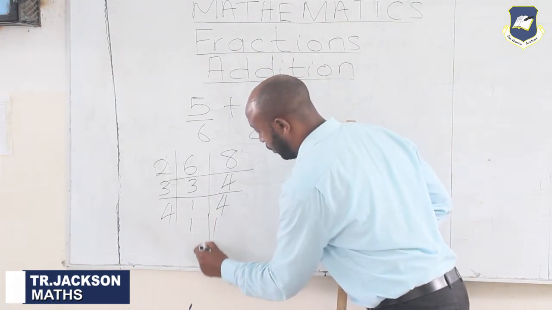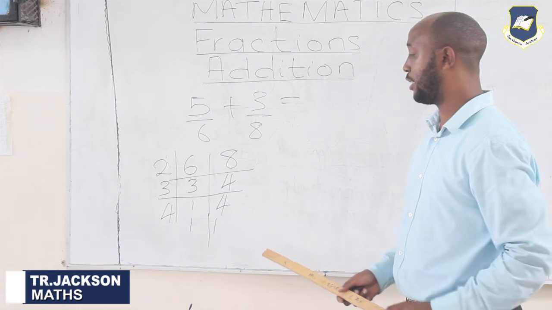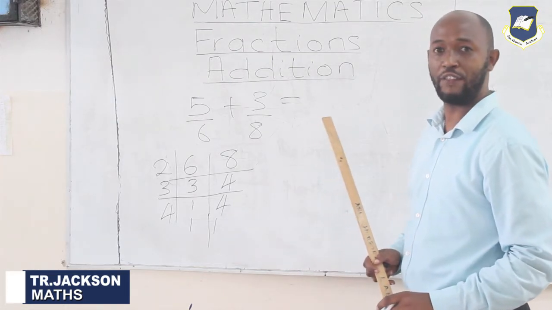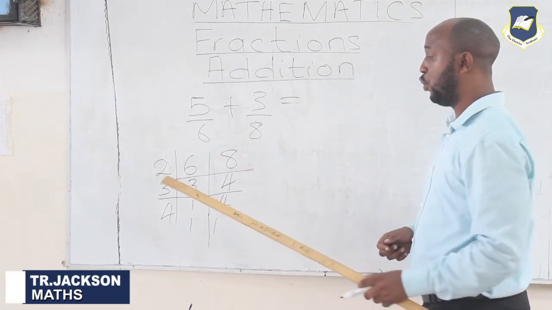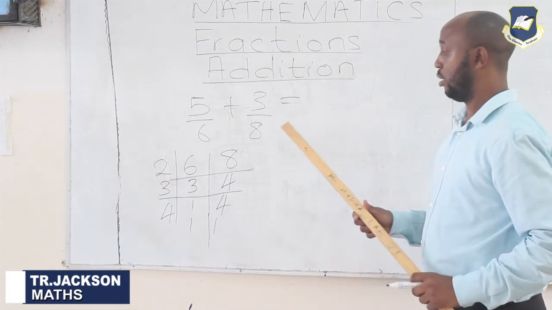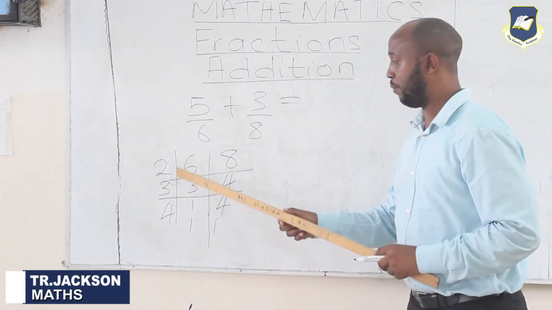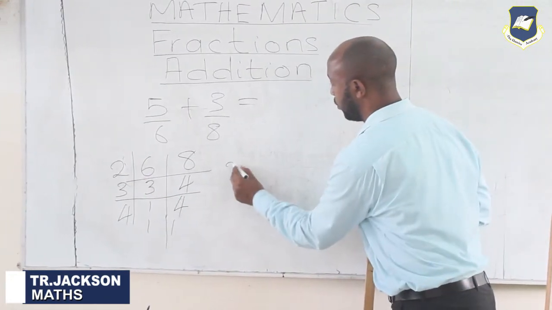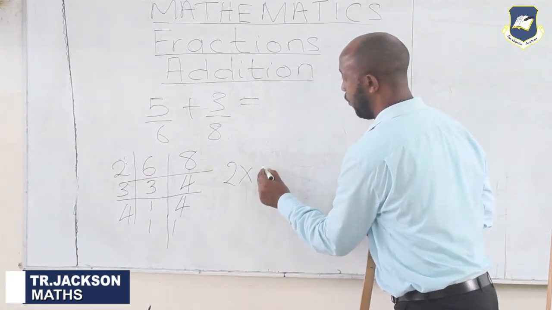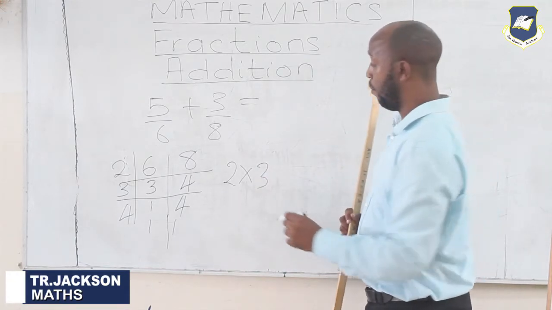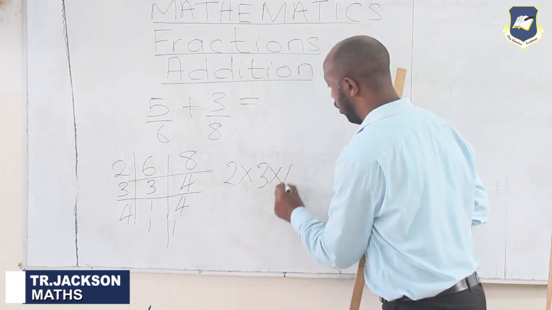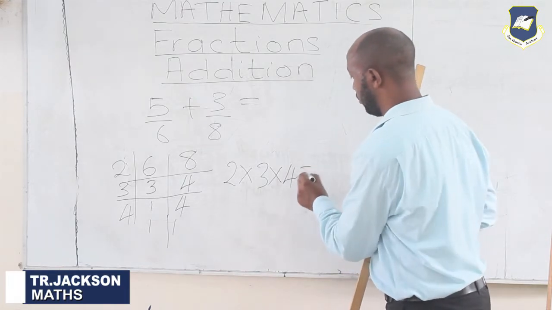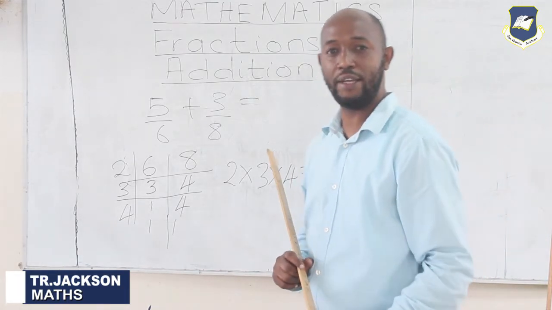So at last we are supposed to divide until we get 1, 1. After that, the numbers which we use to divide, we are supposed to multiply them. That is 2 multiplied by 3 multiplied by 4. 2 multiplied by 3 is 6.